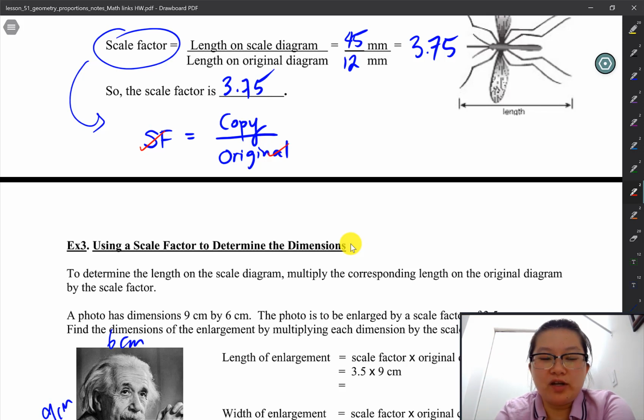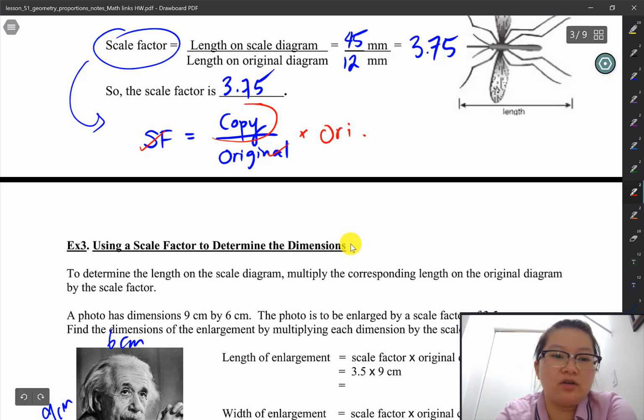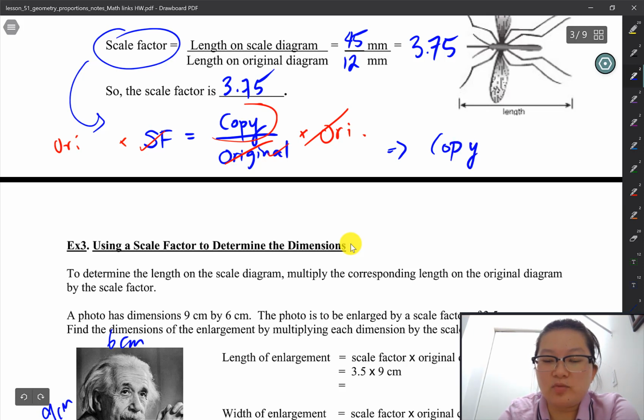If we rearrange this equation to solve for copy, imagine copy is a variable. We have to multiply both sides by the original size, so that the size of your copy is equal to your scale factor times your original.